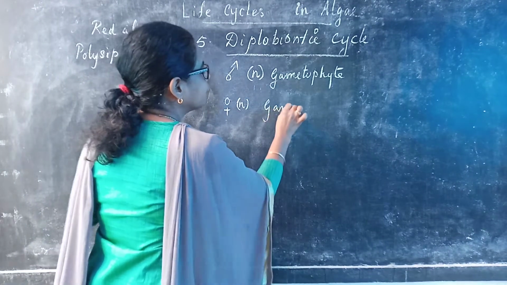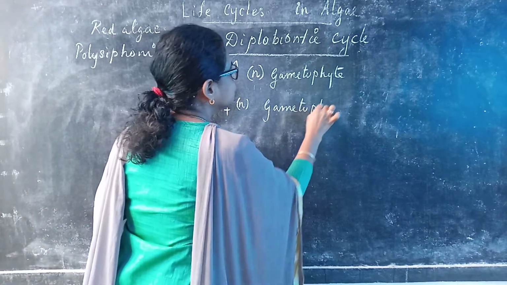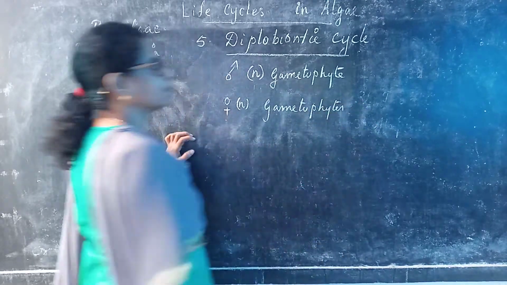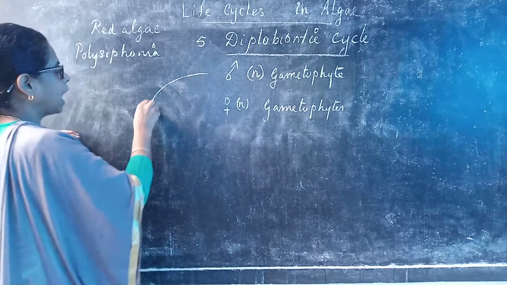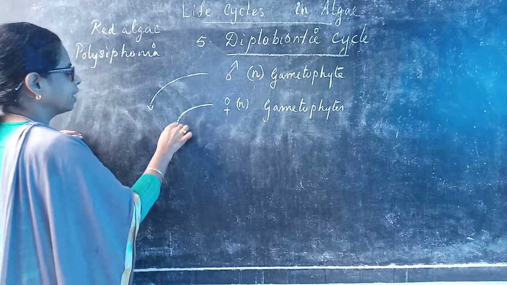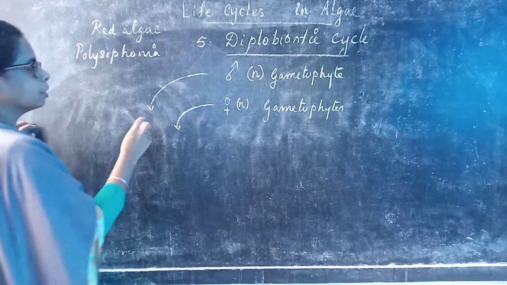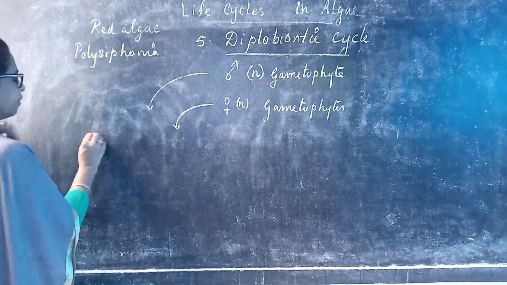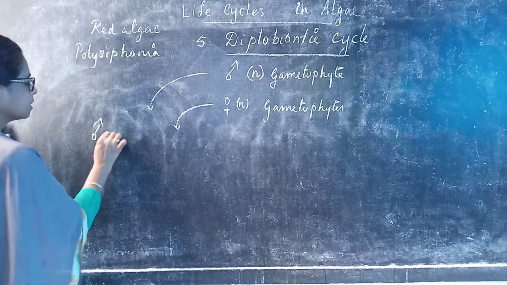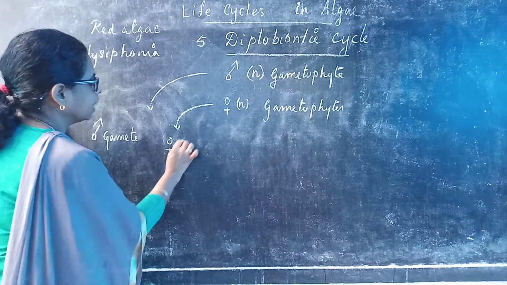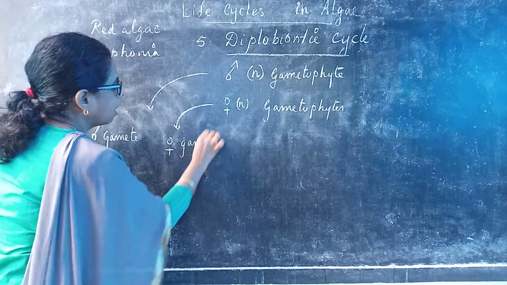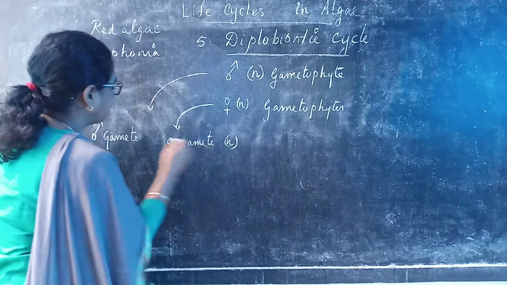So we have to represent two gametophytes. One is male and the other is female. And these two haploid gametophytes, when they become mature, produce male and female gametes, which are again haploid.